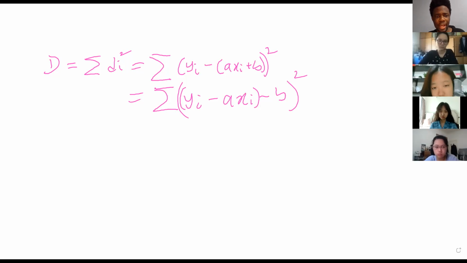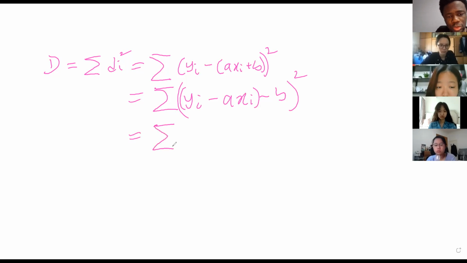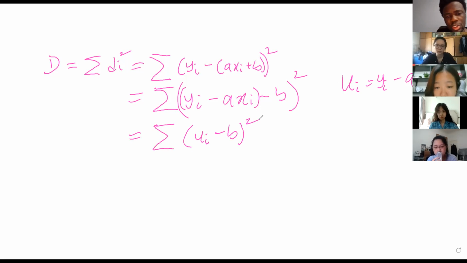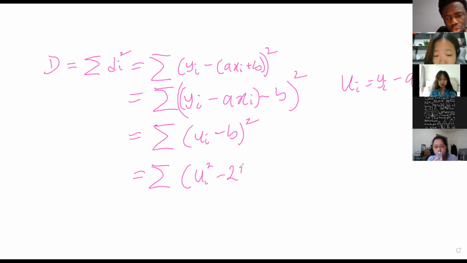Now, if we let this to be some ui as it was done there, it doesn't have to be ui, you can call it whatever. So if this is your ui, so our ui is yi minus axi, i from 1 to n, minus b, and we open this bracket, it's going to be the summation ui squared minus 2uib plus b squared.